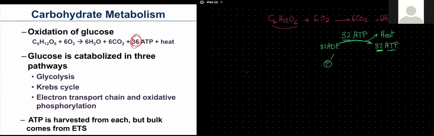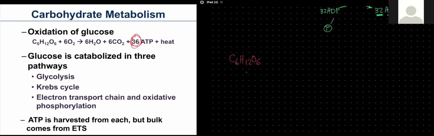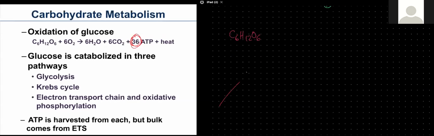So I started with glucose, and remember, this glucose is going to be circulating in my blood, and in order for it to enter my cell, this is my cell membrane, it needs to have a transporter, the glucose transporter or GLUT.